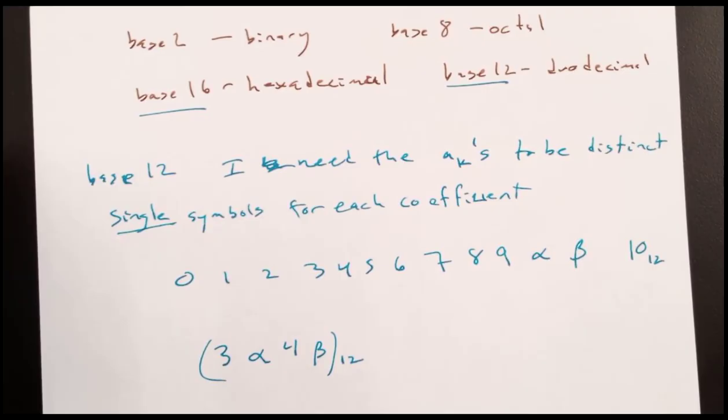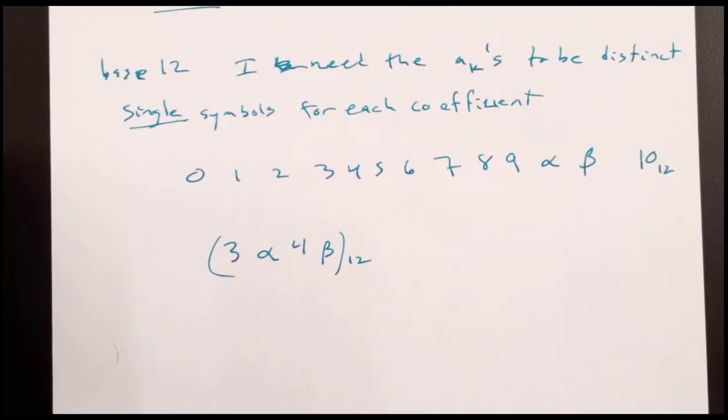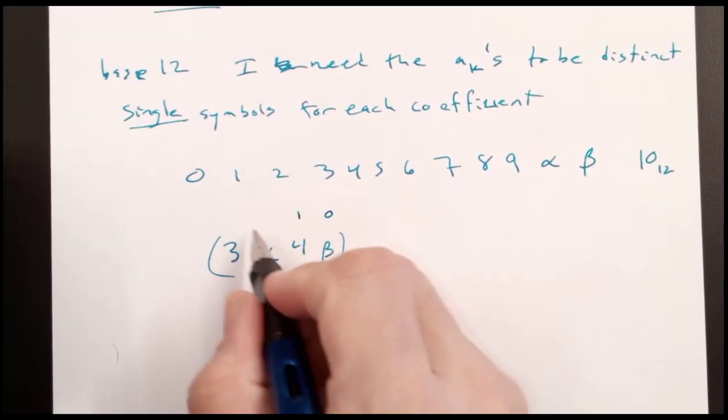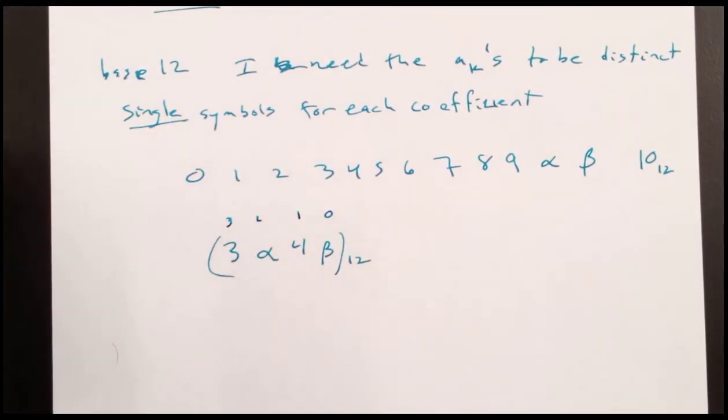Let's convert from duodecimal to decimal. Again, I've got to count places: 0, 1, 2, 3.